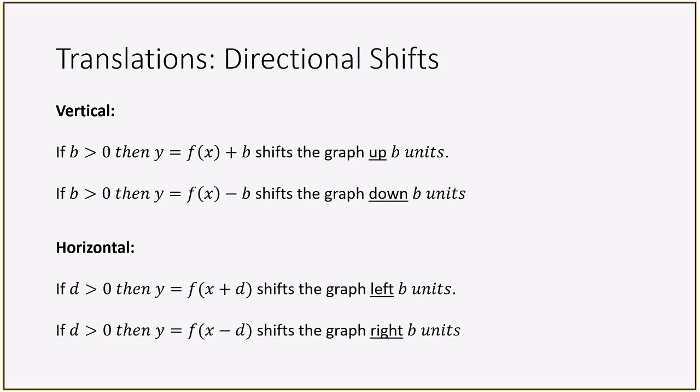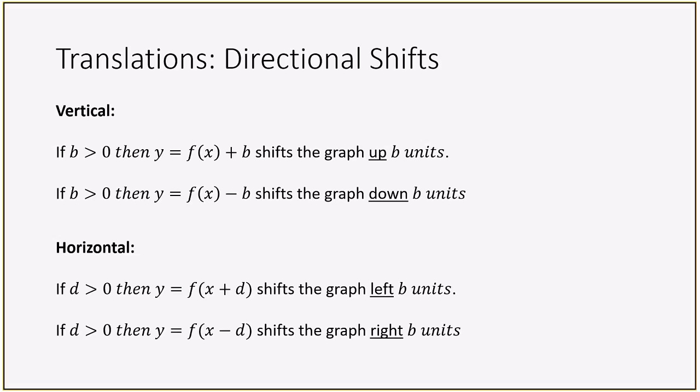If we're going to move something to the left, now this is kind of opposite of what might make sense to you. If we're moving something to the left, we actually add. So if we add 3 to my graph, that's going to shift it to the left, going to x minus 3. And opposite, if I subtract from the inside of my graph, I'm going to move right that amount. It's not b units, it's d units, it should be d.